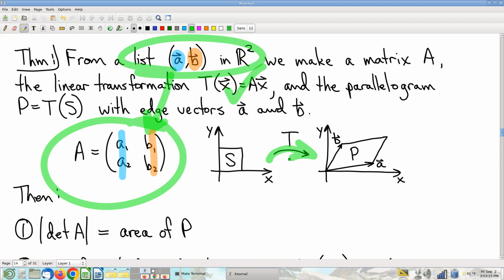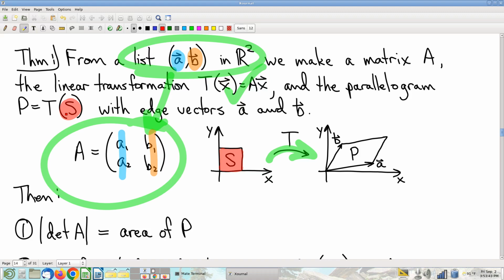And now here's another, I don't know if reminder is the right word here, but observation. If you were to look at the unit square, S, and if you were to ask, okay, what happens when I take the points on this unit square and put them into this linear transformation, what's going to come out? I appeal to your sense of what linear transformations are.